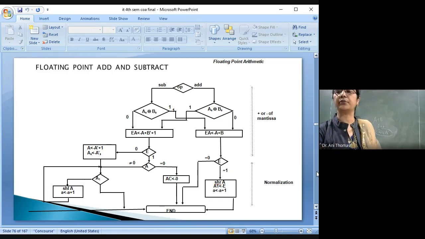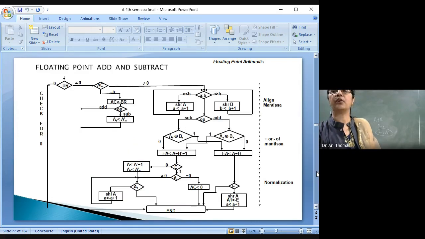I'll show you now all the 4 steps: check for 0, then align the mantissa, then addition or subtraction of mantissa, and normalization. This is the whole algorithm for addition and subtraction of floating point numbers.